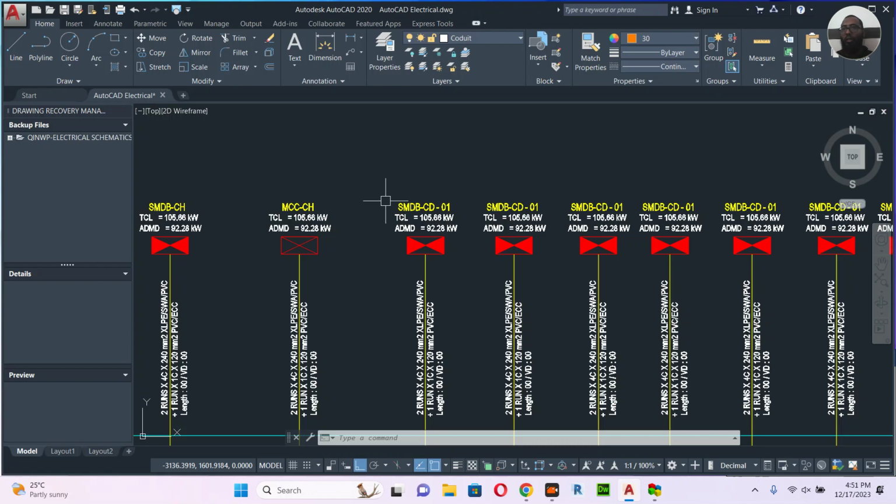So you have to take 2 cables from the MCC. When I started my job around 5 to 6 years ago, I didn't know this. So there will be 2 cables if you have 2 speeds, one for low speed, one for high speed, and it will be a 6 pole isolator. That means you can provide 2 three-pole isolators, otherwise one 6 pole isolator. I think it will connect together.